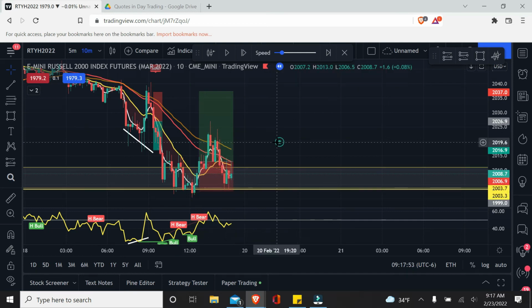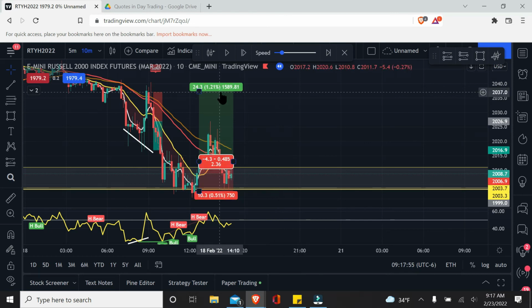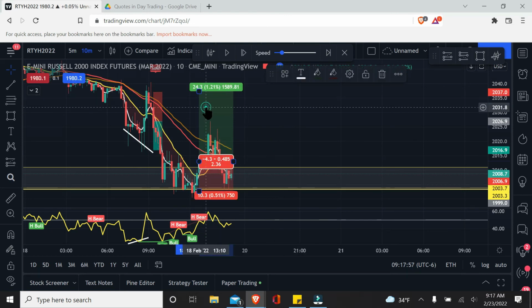And if we take into consideration support and resistance in addition to these indicators that we're seeing, it really doesn't matter what strategy you're using.